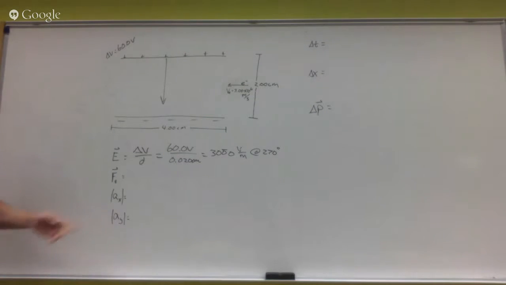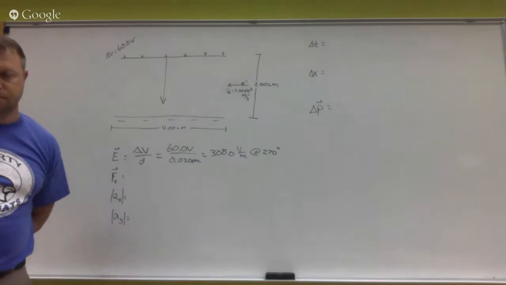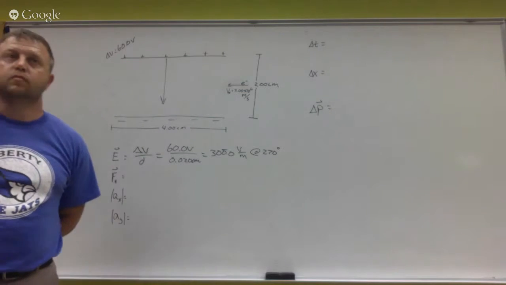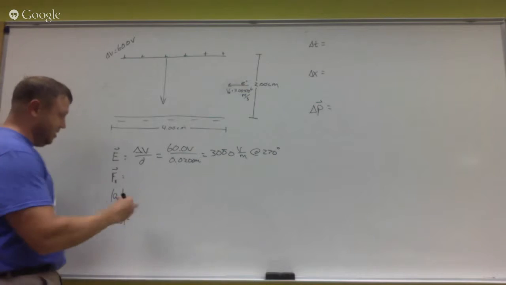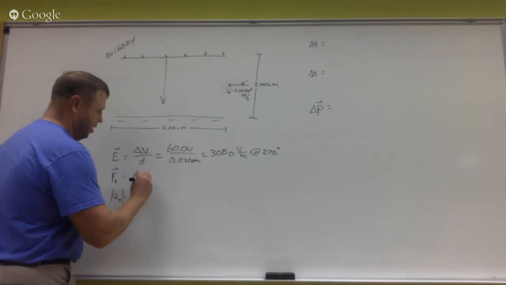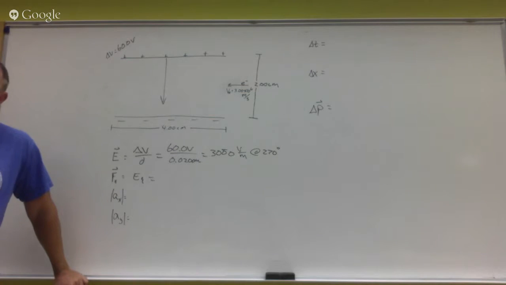Okay. We'll know the force on the electron. What's the equation for the electric force? Force equals EQ, right? Easy enough. Will I ever use the kQQ over r squared for parallel plates?